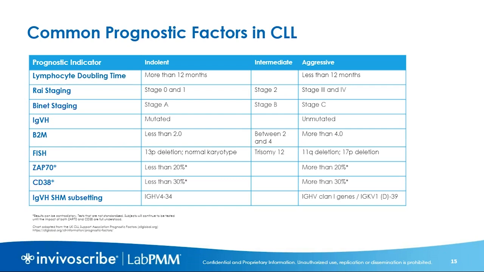From the laboratory perspective, IGVH is a strongly recommended test that we perform as a send-out test in our laboratory for patients at diagnosis. FISH testing in our laboratory, we also perform at diagnosis, and we utilize a panel-based CLL prognostic assay that has 5 probes that include 13Q, 11Q, which is ATM, 17P, which is TP53, trisomy 12, and 6Q.